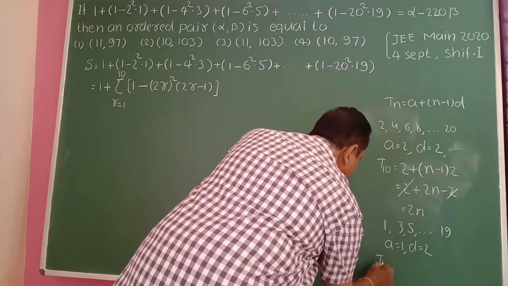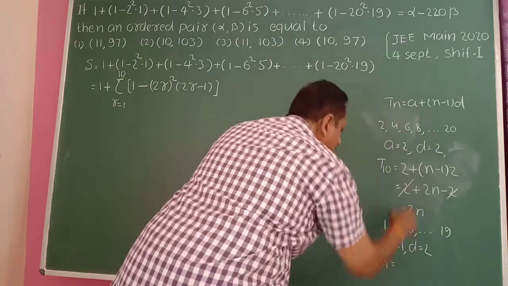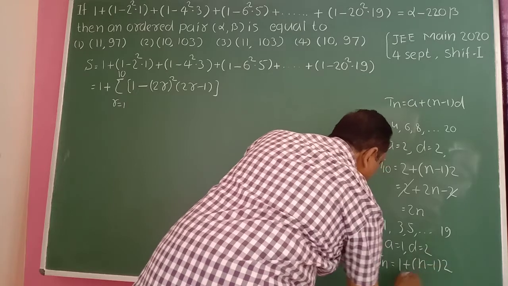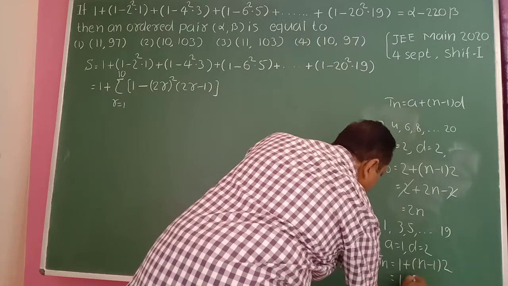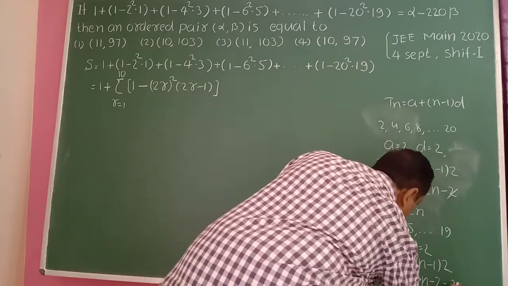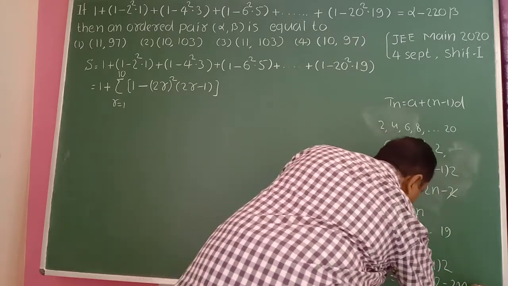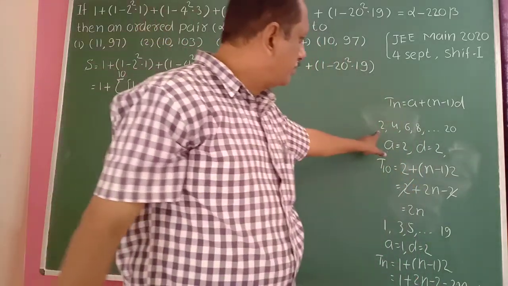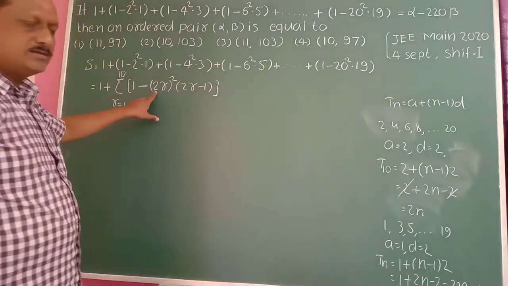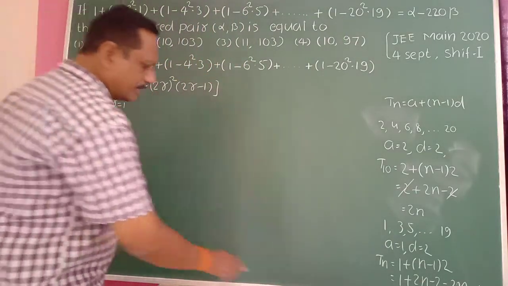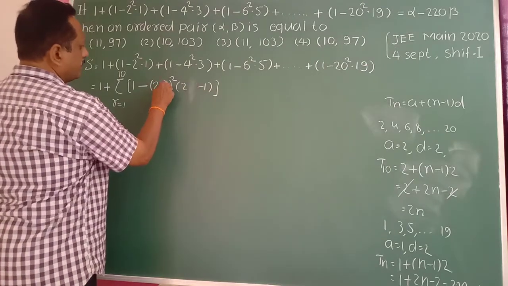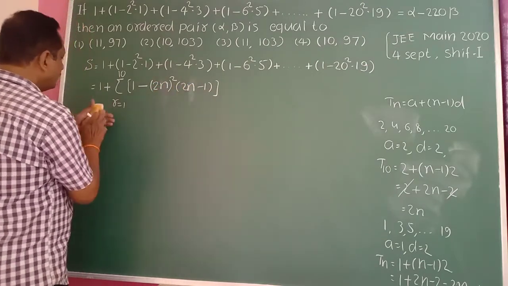Therefore Tn is again the same formula: 1 plus (n minus 1) into 2, which becomes 2n minus 1. So 2, 4, 6, 8 up to 20 gives 2n. So 2n means 2r. Even you can take n also, no problem.